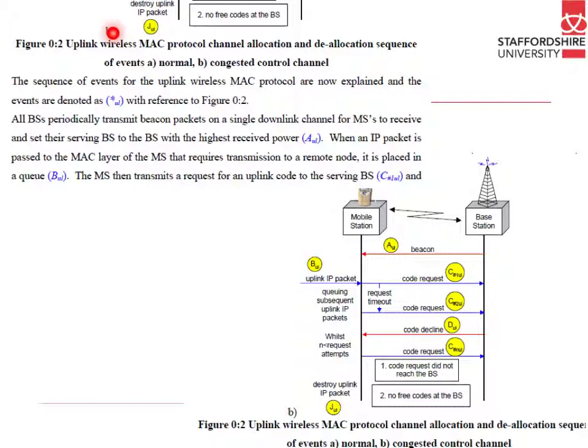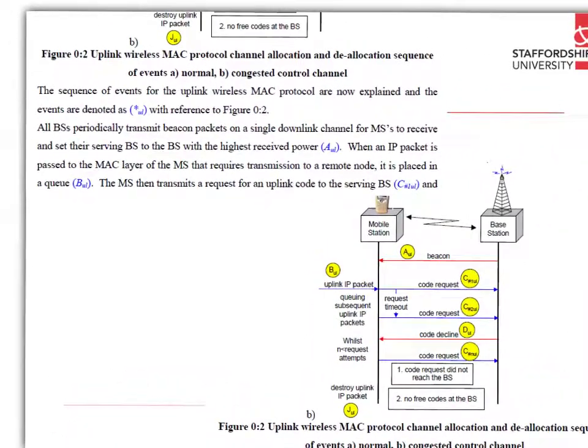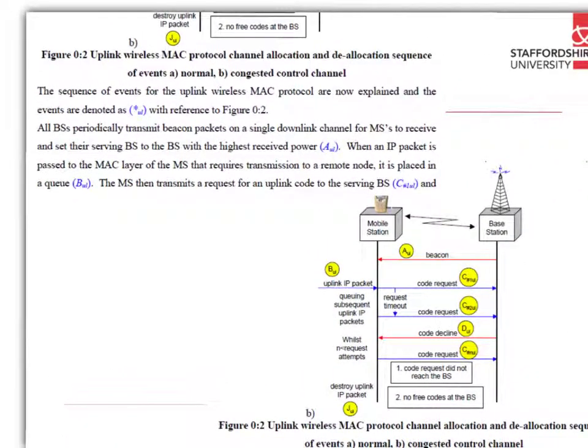So in my text, which you will see there, I've said the sequence of events for the uplink wireless MAC protocol are now explained, and the events are denoted as star uplink with reference to the figure.